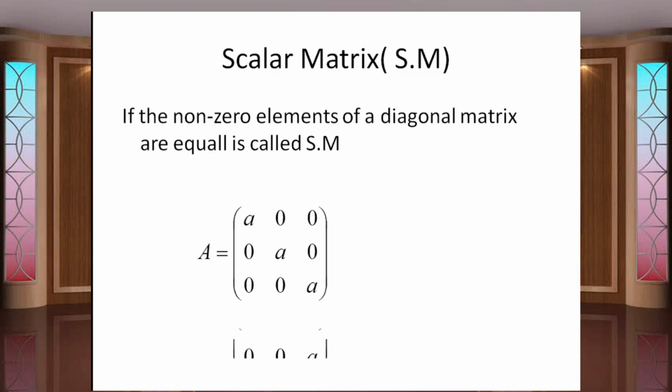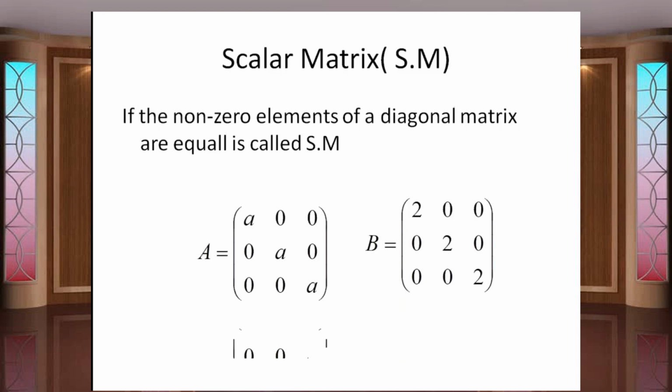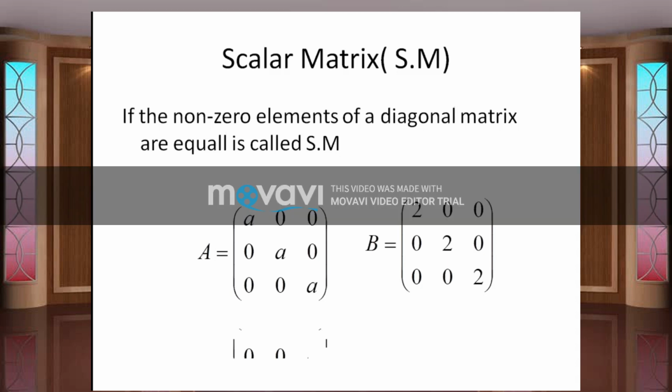If a is 1, it has another name. I am giving another example: B is a matrix, 2 2 is also a scalar matrix. That means the diagonal elements will be the same and all others will be 0. Very interesting. All other elements will be 0, but the diagonal will be the same. So first of all, you have to see the figure, the example, then go for the definition. It will help you.